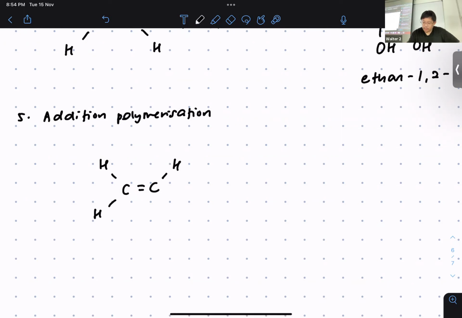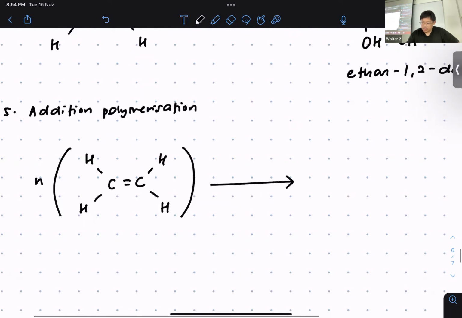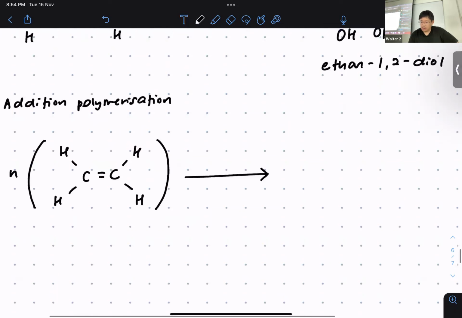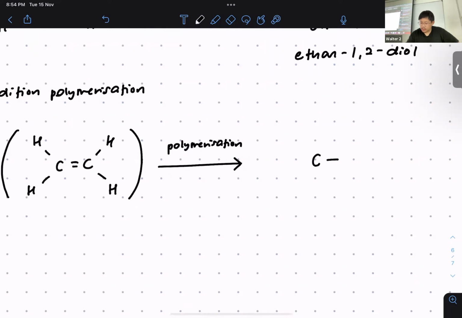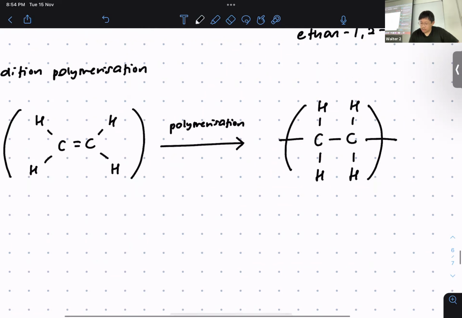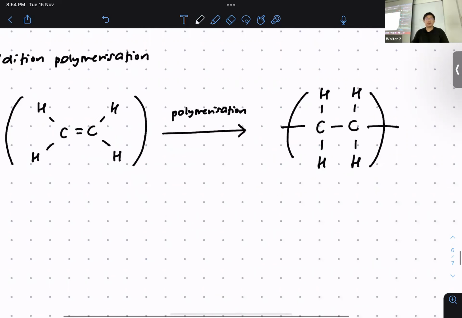So ethene here will be the monomer, and you have a lot of ethene combining together in a long chain through a process called polymerization. After that, you will have a long chain polyethene, where n represents a very large number.